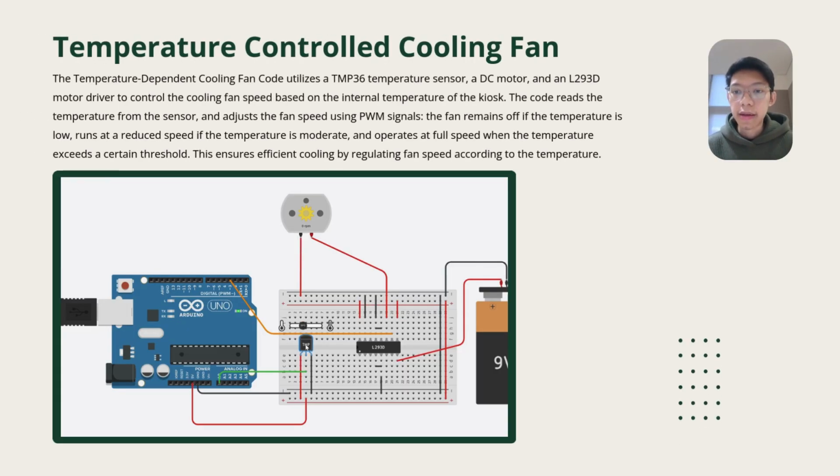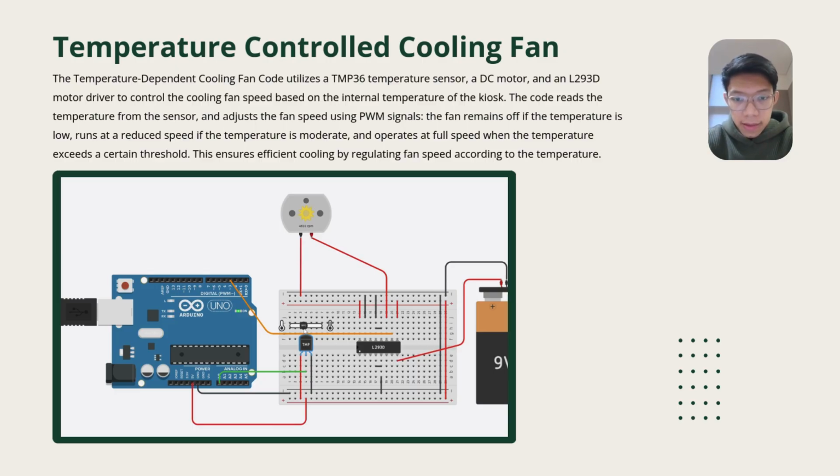The next one is the temperature controlled cooling fan. We use the TMP36 temperature sensor here, a DC motor as a demonstration of a fan, an L293D motor driver, and the Arduino. First, the TMP sensor reads the temperature inside the kiosk, and if it is below the minimum temperature that we set, it won't do anything.